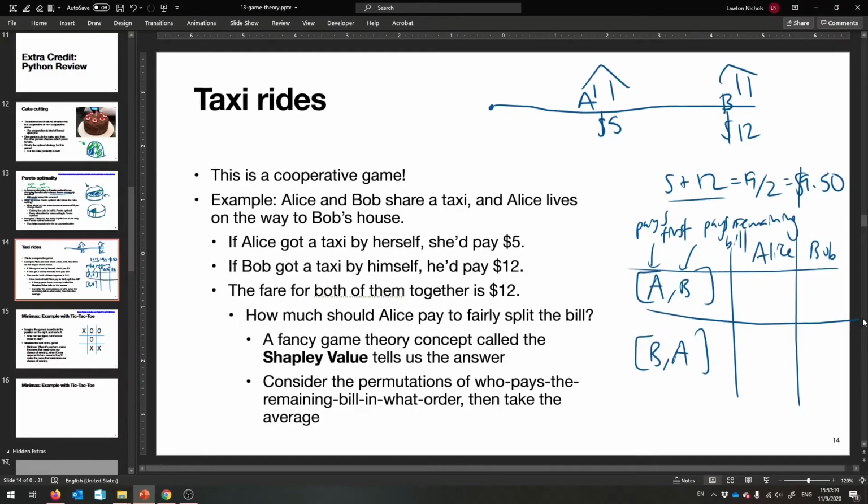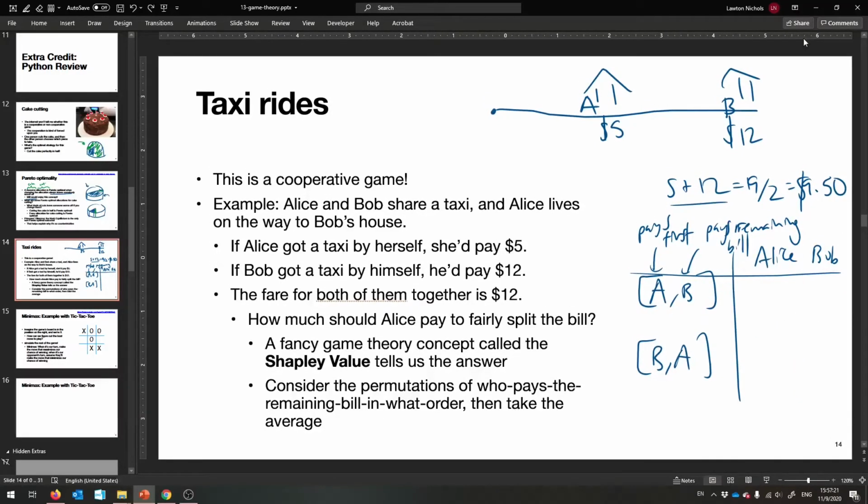So if Alice pays first, that means she's paying the rest of the bill. That would have summed up to her final fare. So she's going to pay $5. Okay, so Alice would pay $5 with this permutation, where she pays as much as she should, and then Bob pays the rest, the remaining bill.